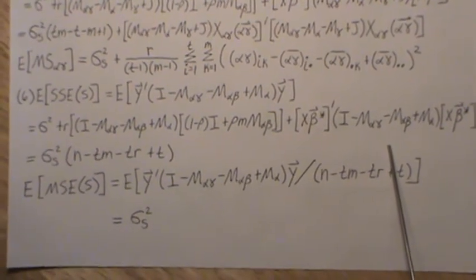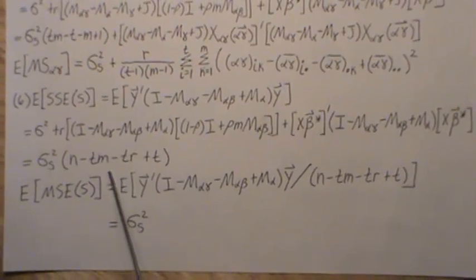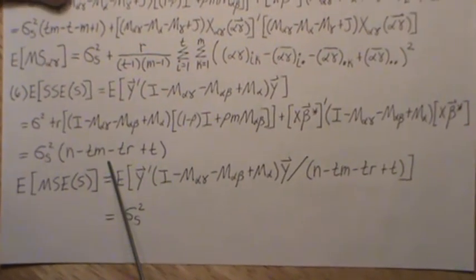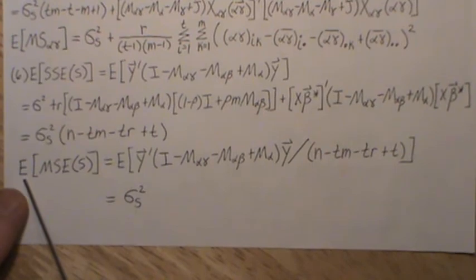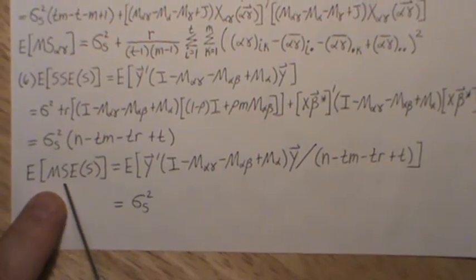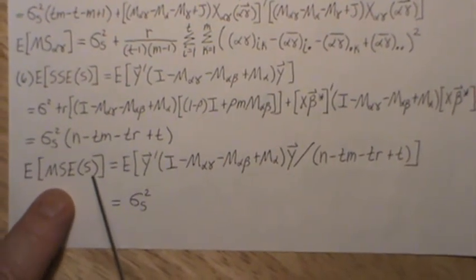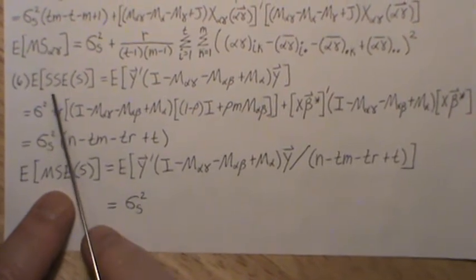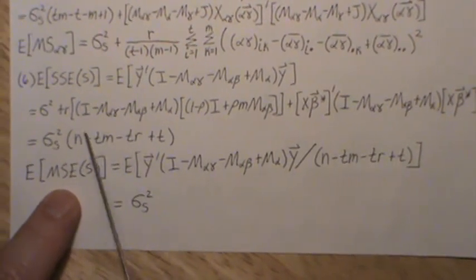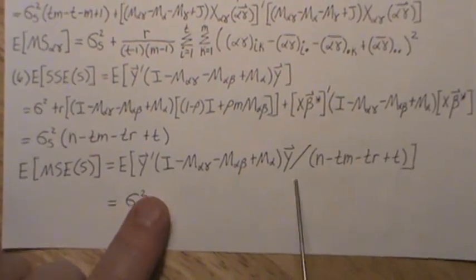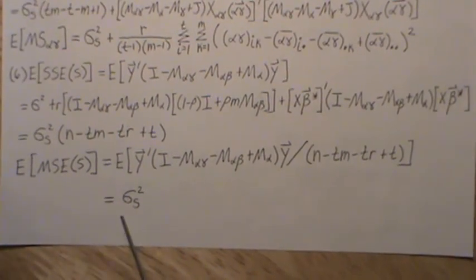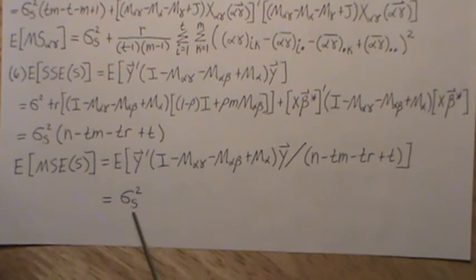It's kind of neat how it all works out. So this is the expected value of the sum of squares error for split plot, and then the mean squared error for split plot is the sum of squares error divided by this right here. So then you're just left with the sigma_s squared.